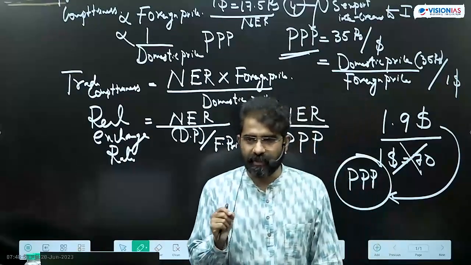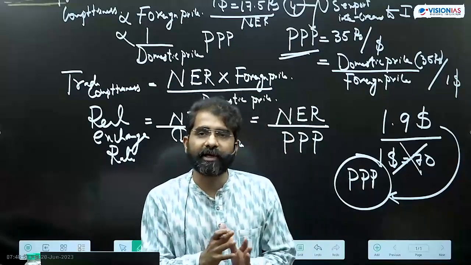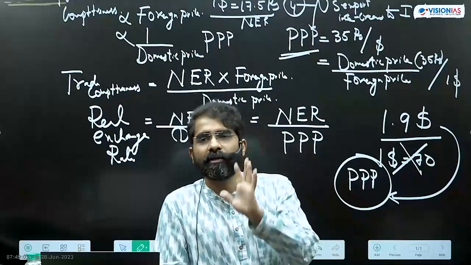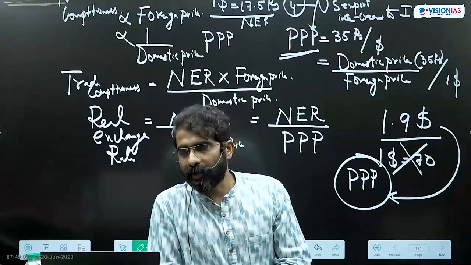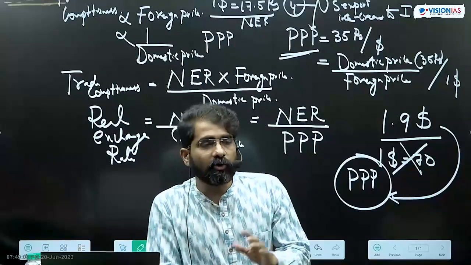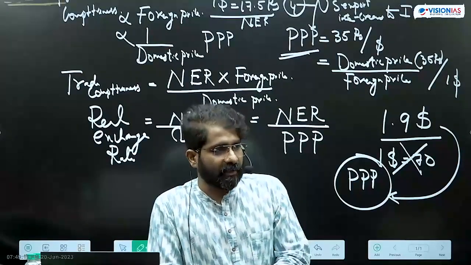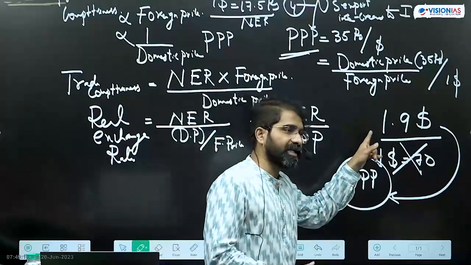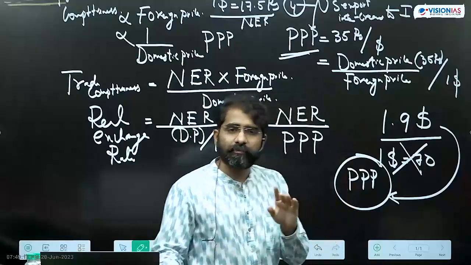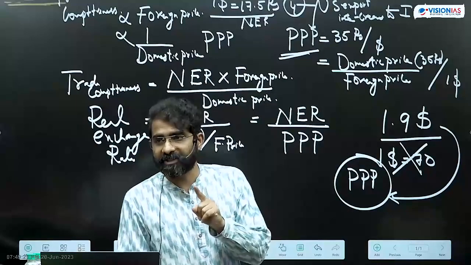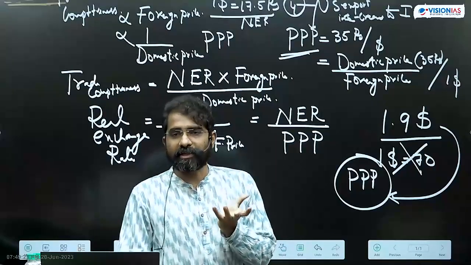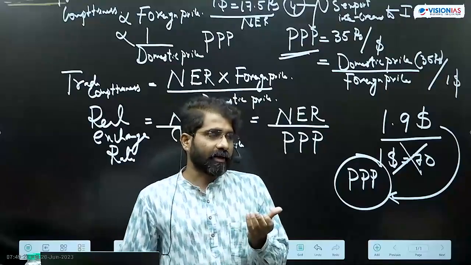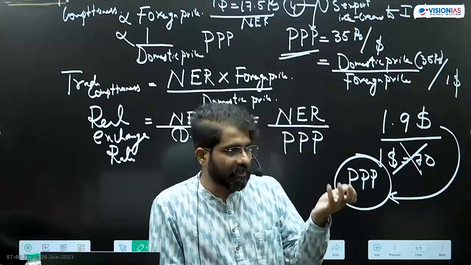Is this clear, everybody? Now when you are saying per capita income is so many dollars in US, and so many rupees in India, how do you make a comparison between US and India? You are not going to make comparisons between countries based on the nominal exchange rate. You are going to make comparisons based on PPP exchange rate. What $1 can buy in US, the similar basket you are able to get for how many rupees in India.